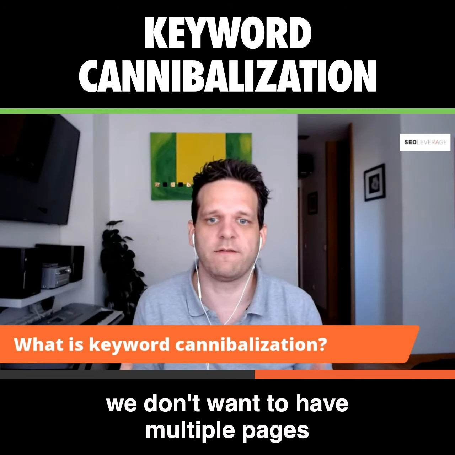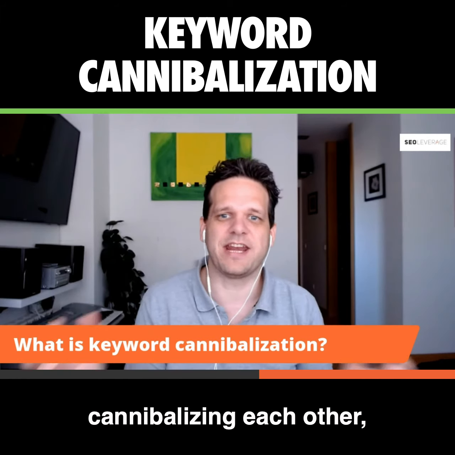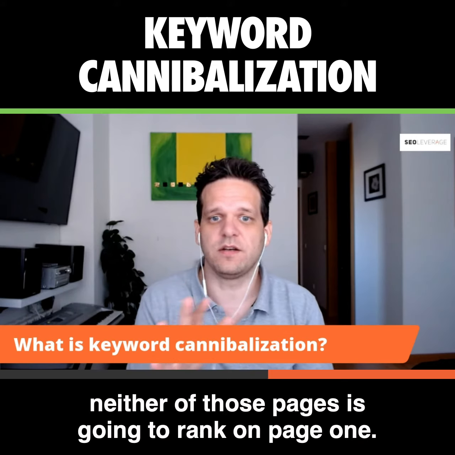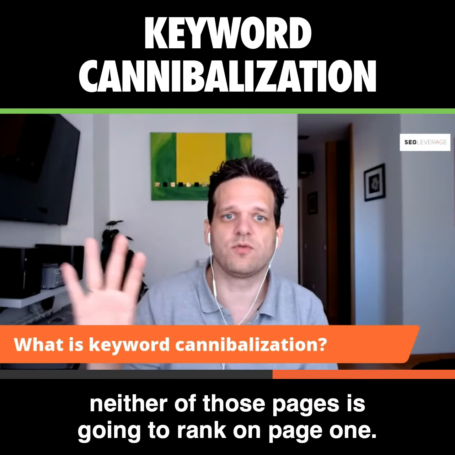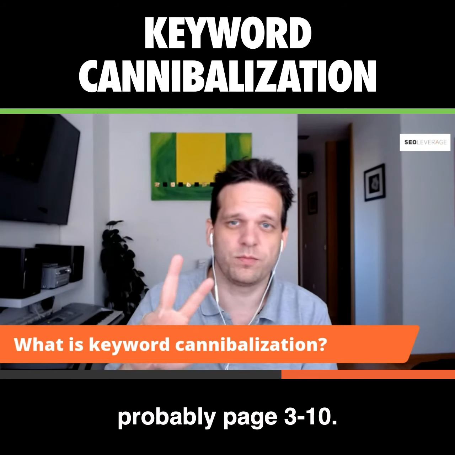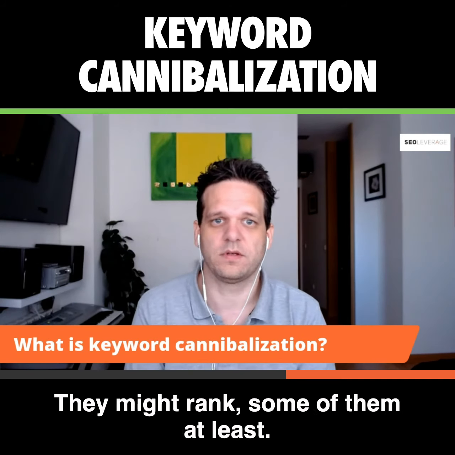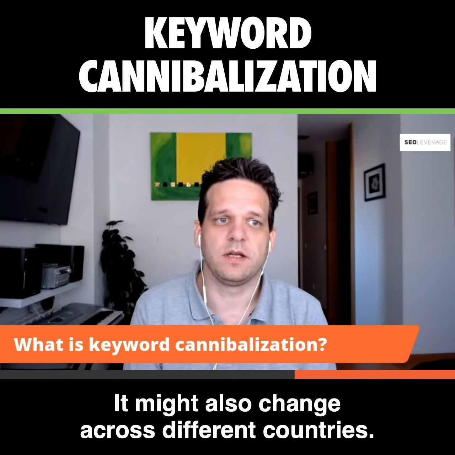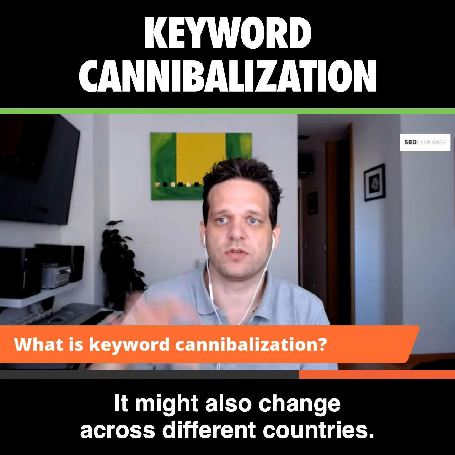We don't want to have multiple pages cannibalizing each other, because what happens at the end of the day is that neither of those pages is going to rank on page 1. They're going to rank on maybe page 2, probably page 3 to 10. They might rank, some of them at least. It might also change across different countries.